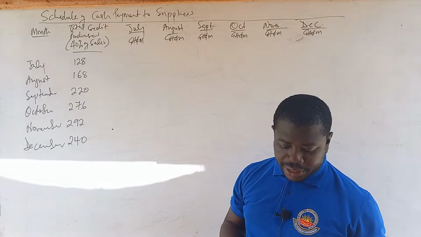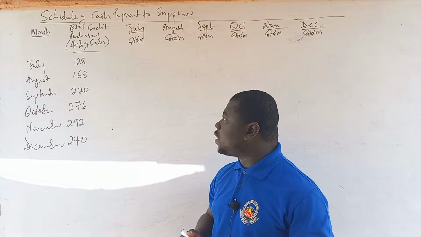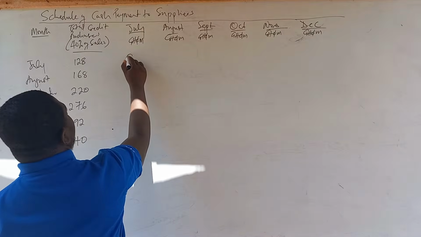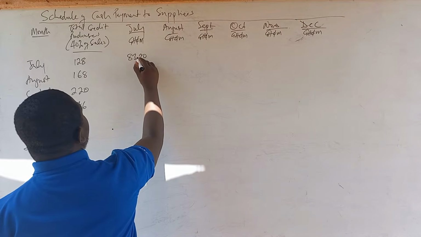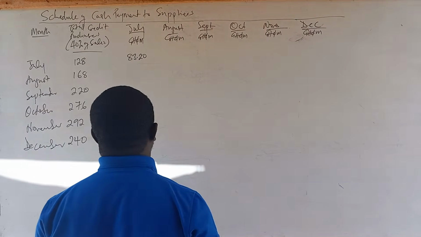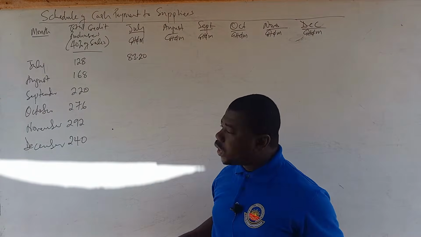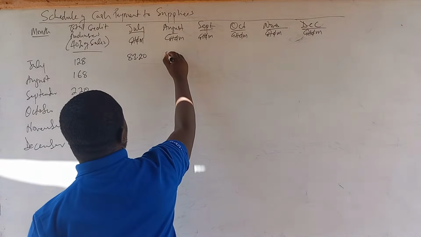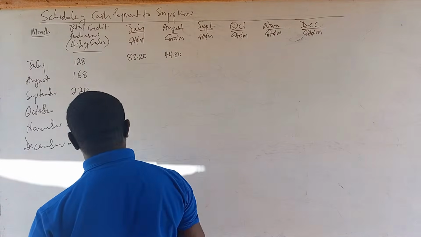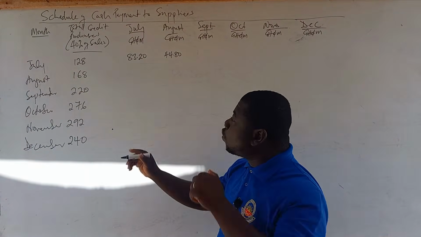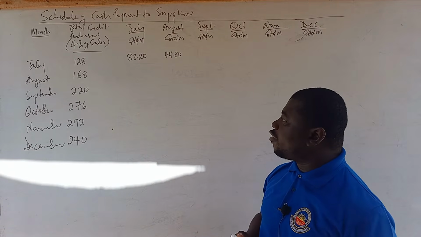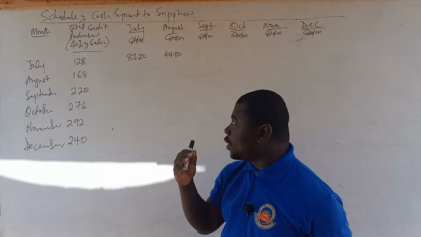So in July, 65% of 128 is going to give us 83.2 million. So that is what we have. And so 35% of the same is going to be 44.8 million. So that is how it's going to be. So the 65, 35 component of the 128 is completed.